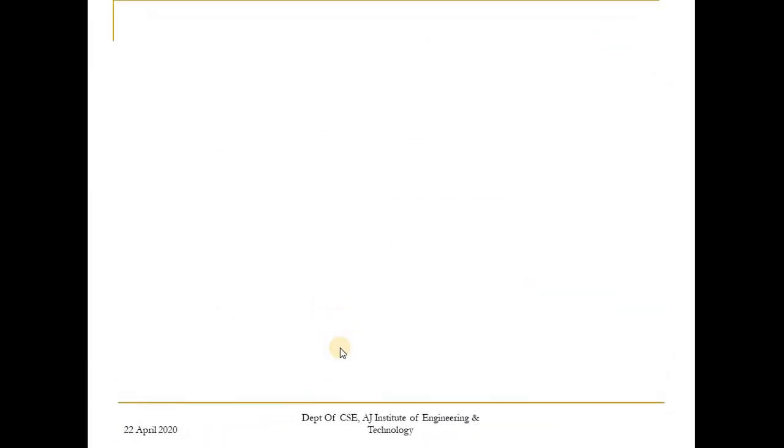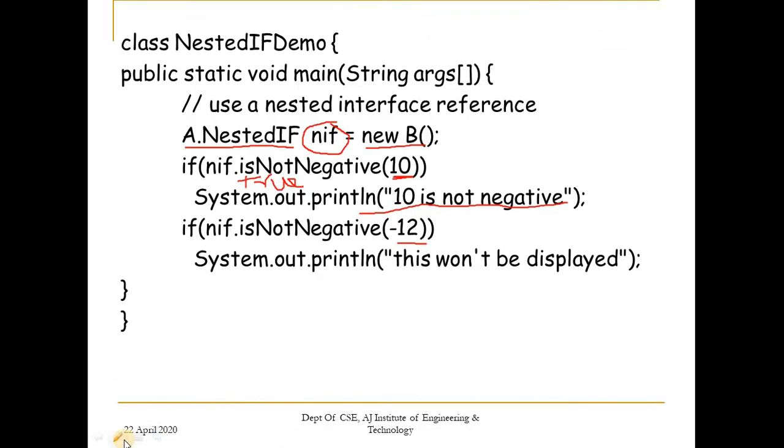So if of false, it is going to return false, correct? If is false, then it will not execute this statement. Only if it is true, it will execute the statement. Here if is false, condition fails. So this statement will not be displayed.